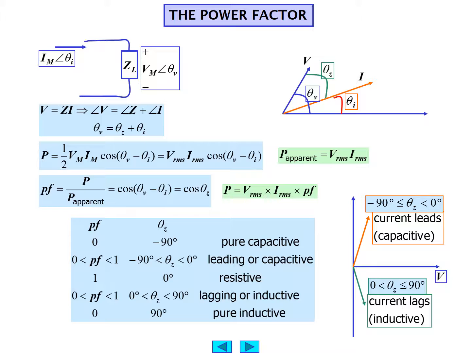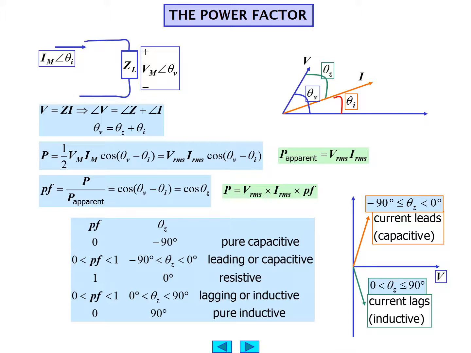That's a purely resistive circuit, and current and voltage are collinear, as we've seen. If the power factor also lies between 0 and 1, it could be that theta Z lies between 0 and 90, indicating a lagging or an inductive circuit. And finally, if the power factor is 0, theta Z could be 90 degrees, which is purely inductive.